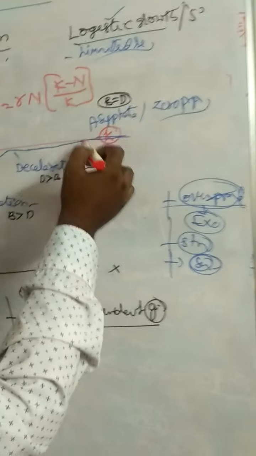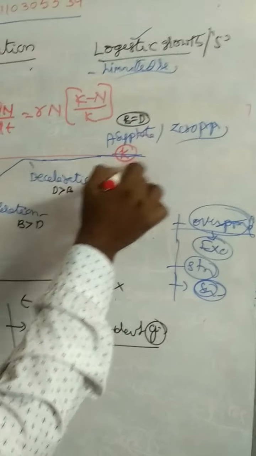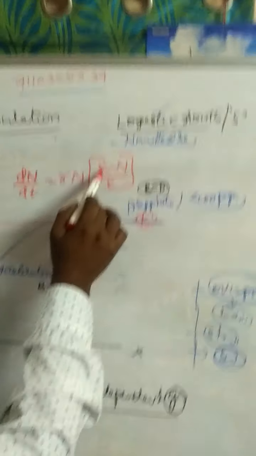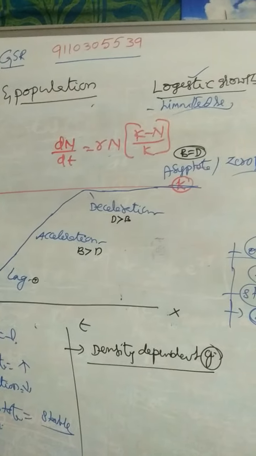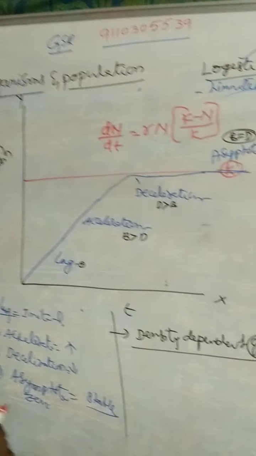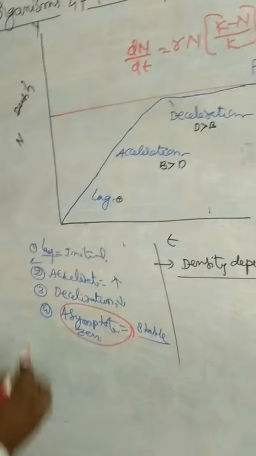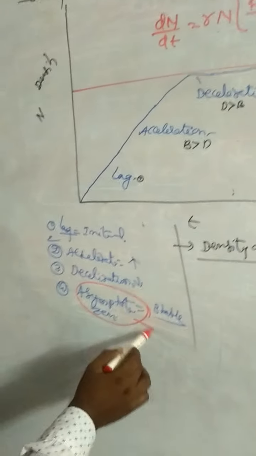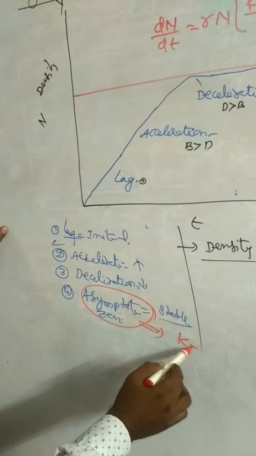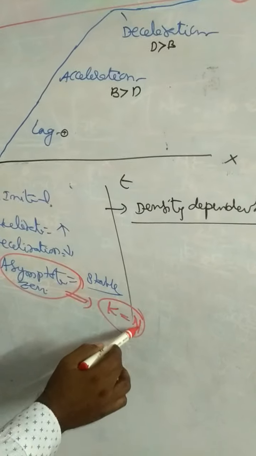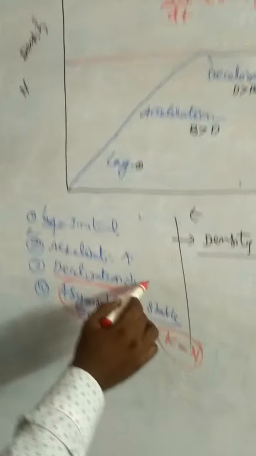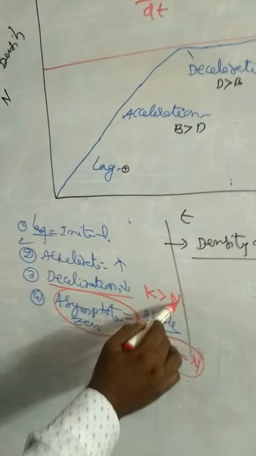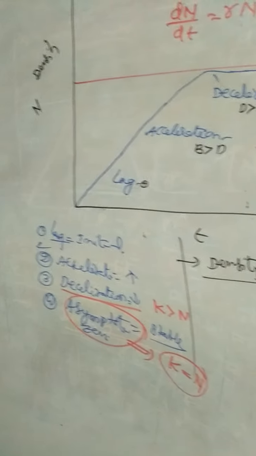In asymptote stage, carrying capacity is equal to population density. So asymptote states that in this formula, K is equal to N. In deceleration phase, carrying capacity is more than population density.